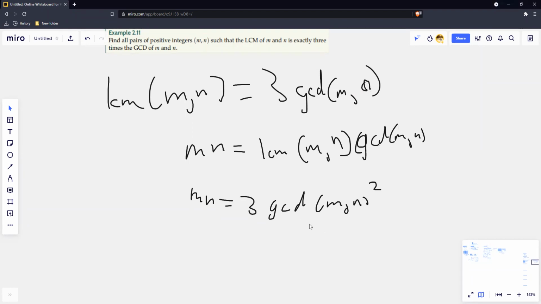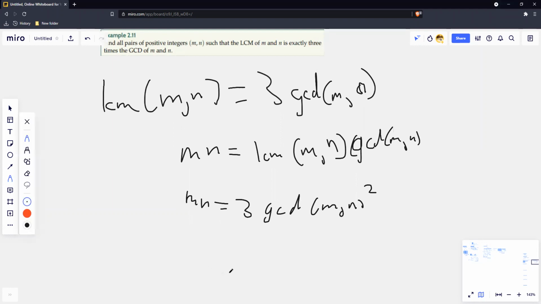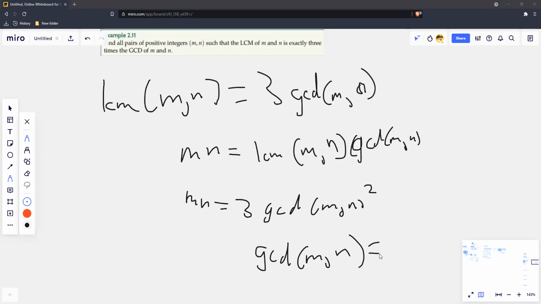Let's assume that that's a prime. Let's just say, and it's not working. GCD(m, n) is equal to, well, let's read it. Now what's next?